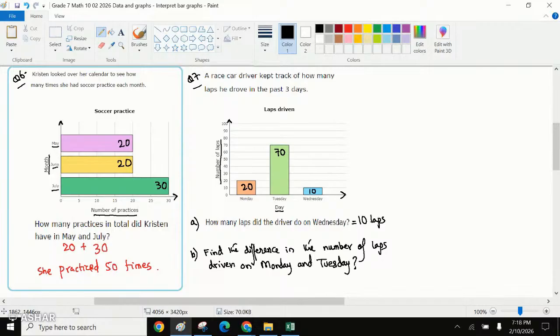So we know that Tuesday has 70, right? And Monday had 20. So we always subtract from the larger value.